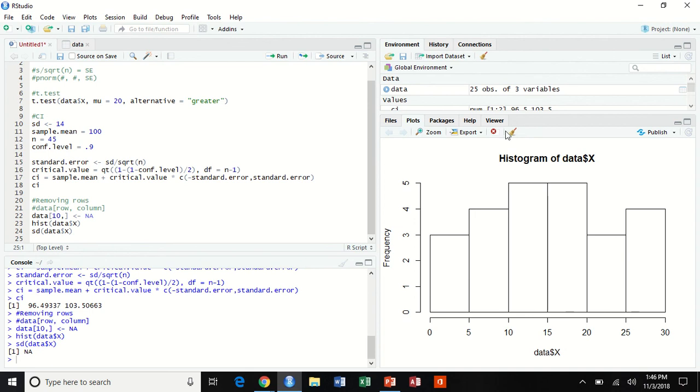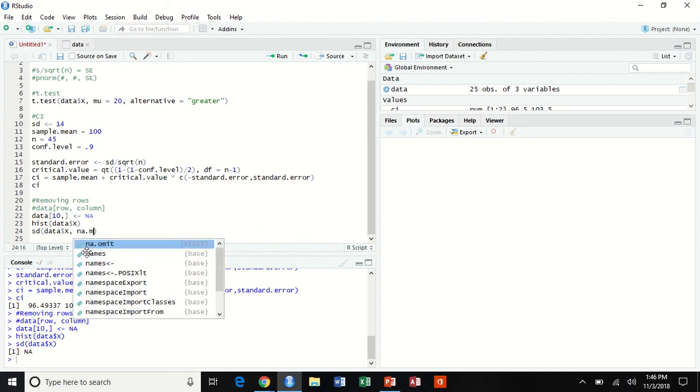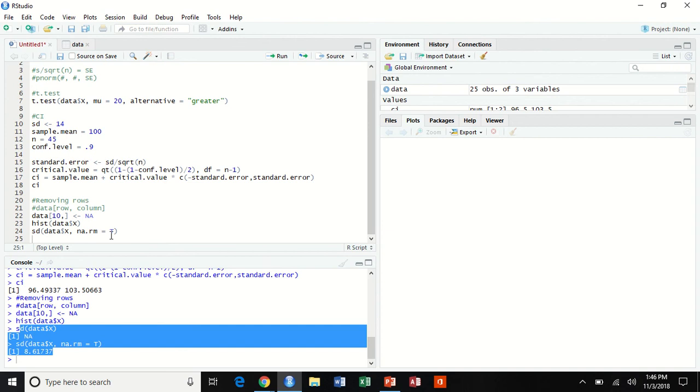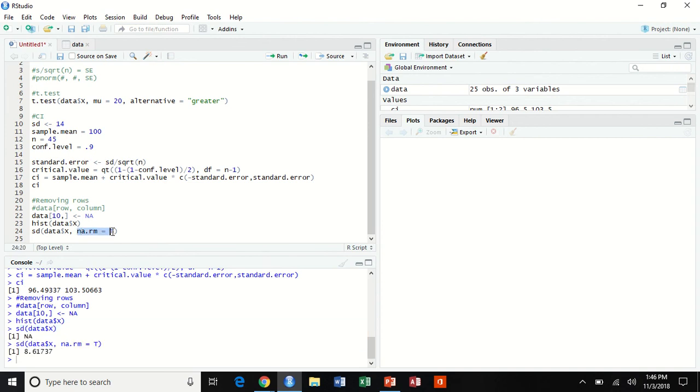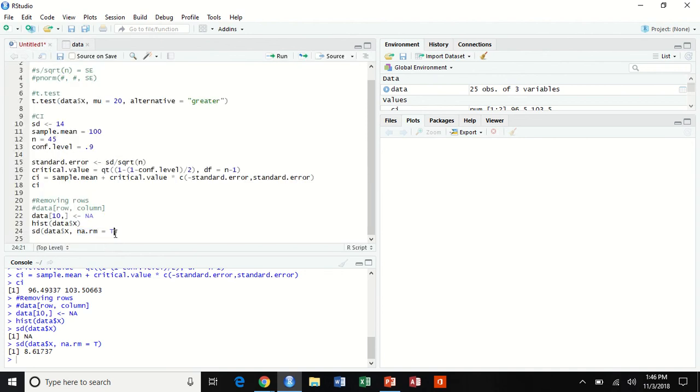It says NA. So the way you resolve the issue is writing a comma NA.rm equals true. Now it gives us the standard deviation. So if you ever have anything missing in your data set, do NA.rm equals true. So here, in short, here it is without that, and here it is when you do na.rm equals true.